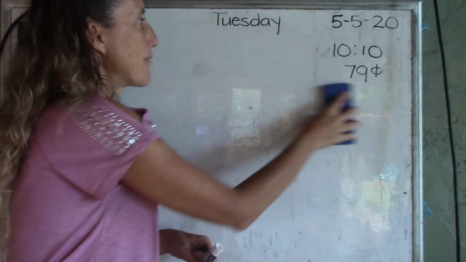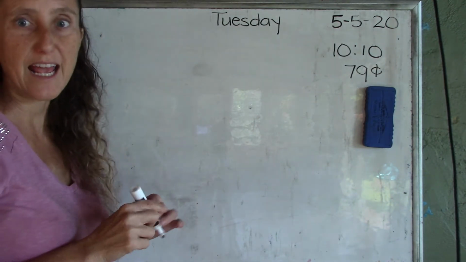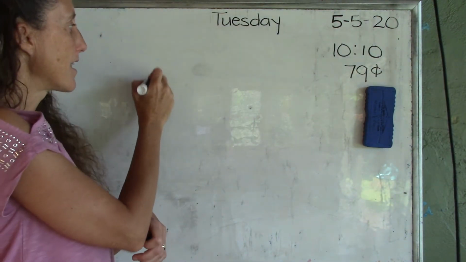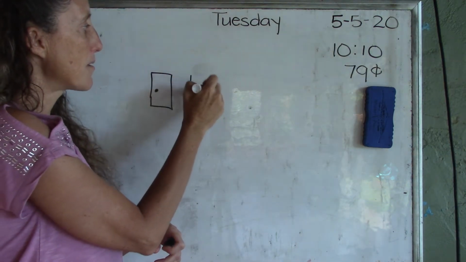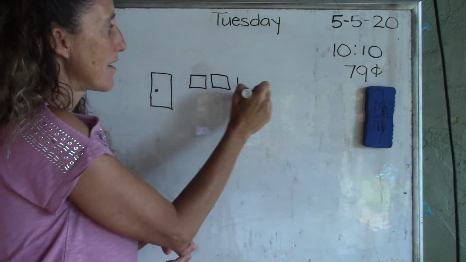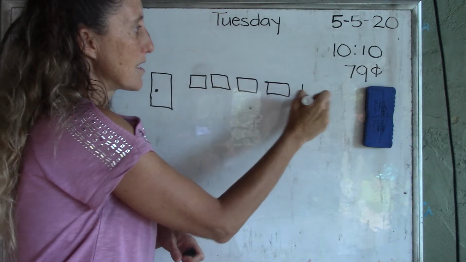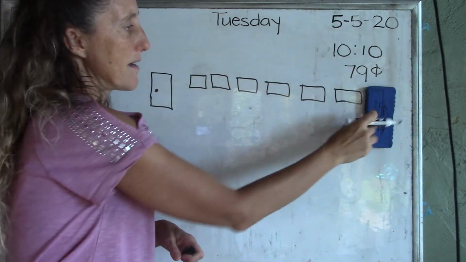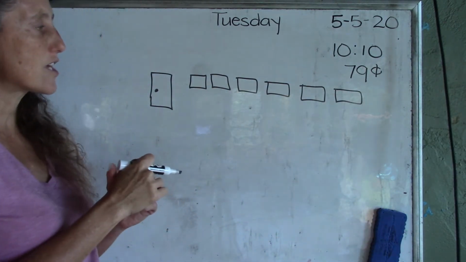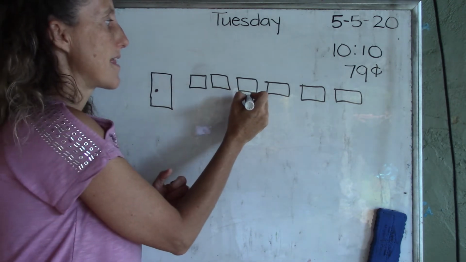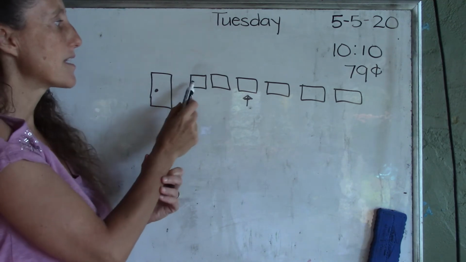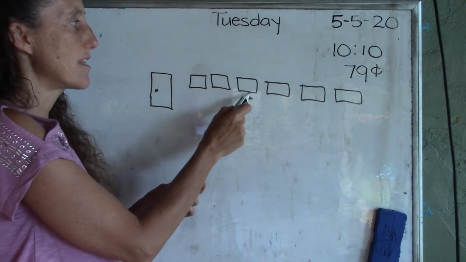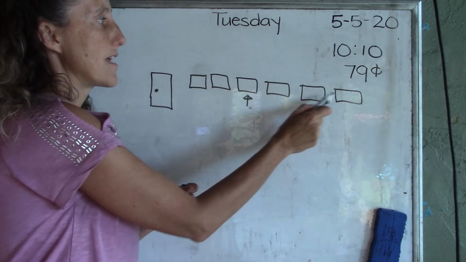Okay, now when you come into school, you're supposed to hang up your backpack, right? And here's the door, and then you hang up your backpacks up here, on the hooks. I'm not going to draw the hooks, I'm just going to do the backpacks. Let's say that your backpack is this one. Yours is the third one from the door, because this is the first, second, third, fourth, fifth, sixth.